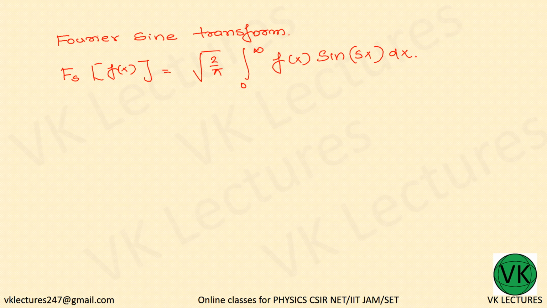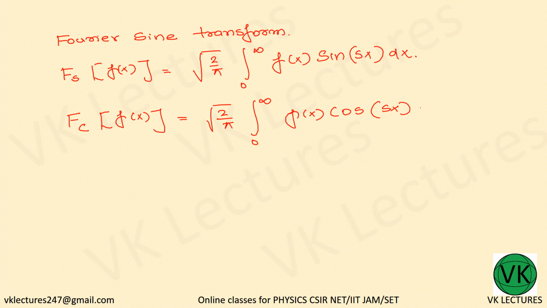Now this is the Fourier cosine transform of f of x, that's equal to root of 2 by pi integral from 0 to infinity f of x cos sx dx.